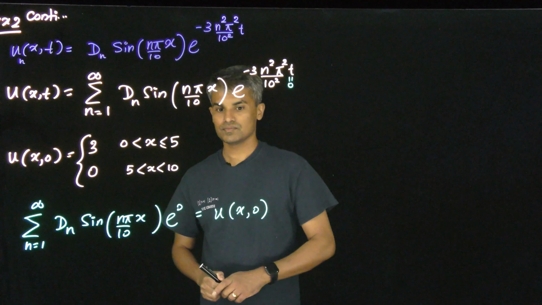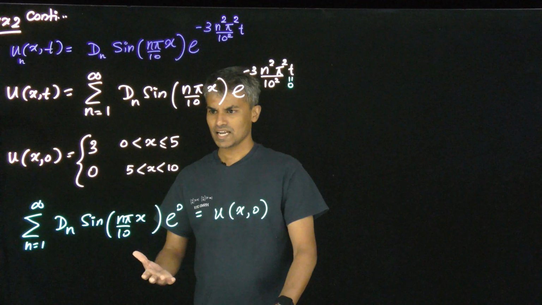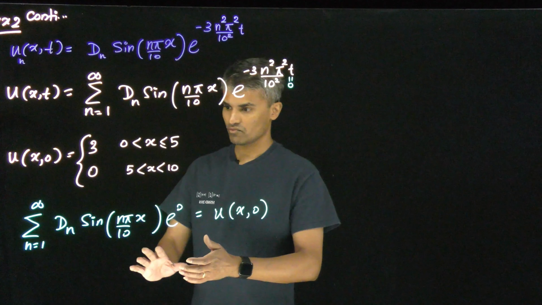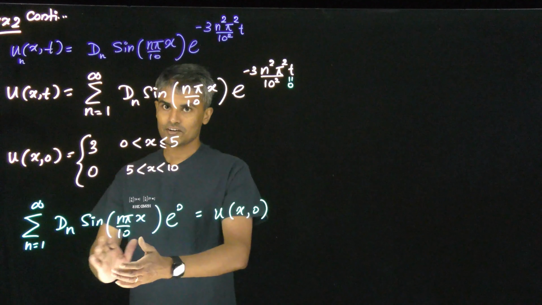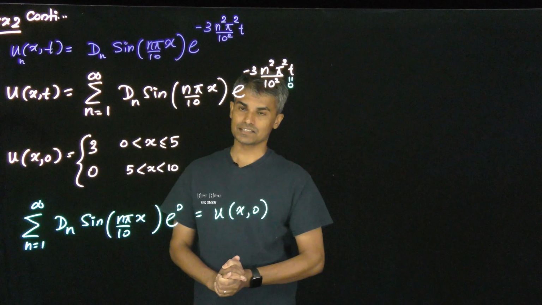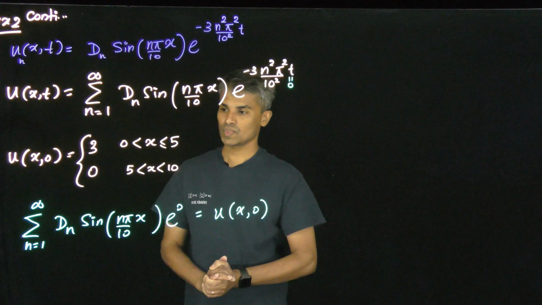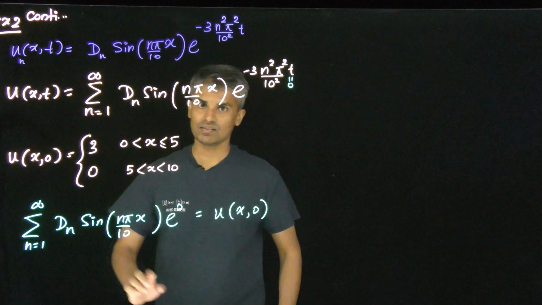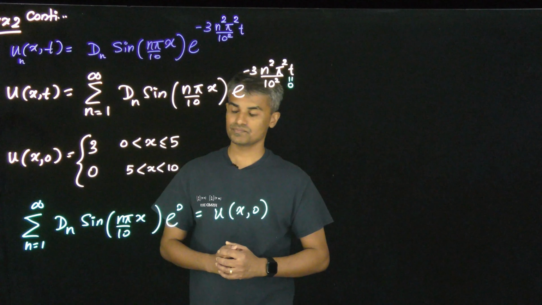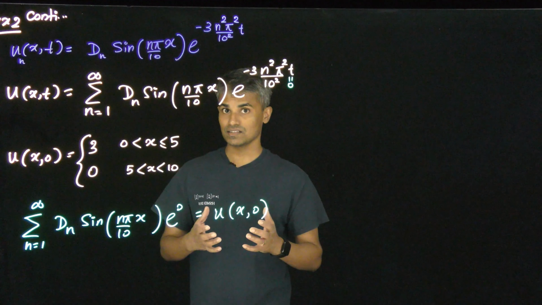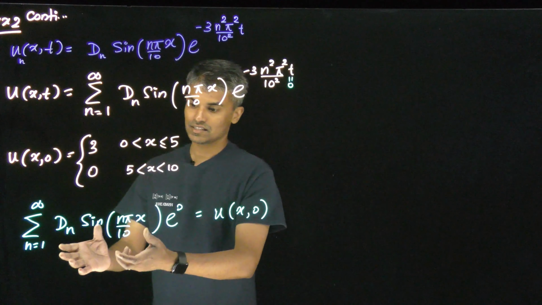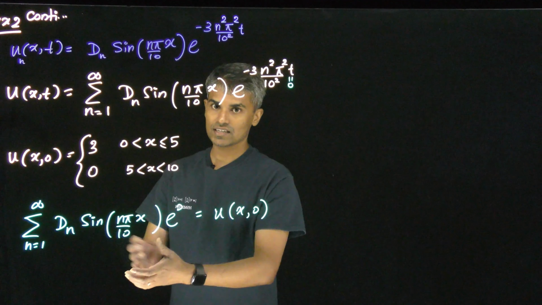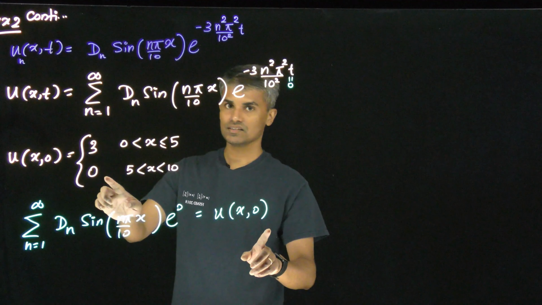Okay, great. So now again we are going to use the same argument. This left hand side is a Fourier sine series, and these d sub n are the Fourier coefficients, and the function that generates this Fourier sine series should be this function.